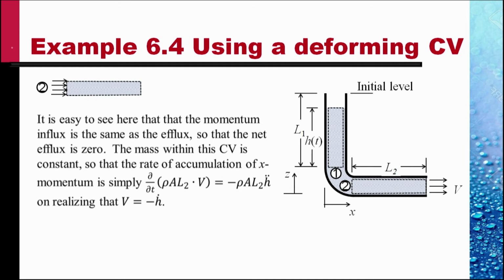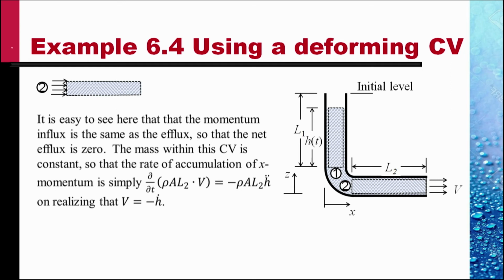Also, we evaluate the accumulation term. The total mass contained within this tube is constant at rho A times L2, but the velocity is changing, and the velocity is minus h dot, and so the rate of accumulation is minus rho A L2 into h double dot, because it is ∂/∂t of the momentum contained within the control volume.